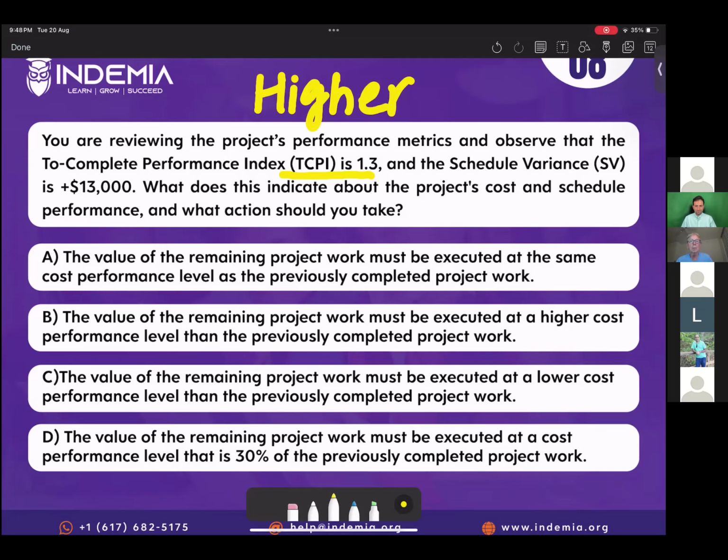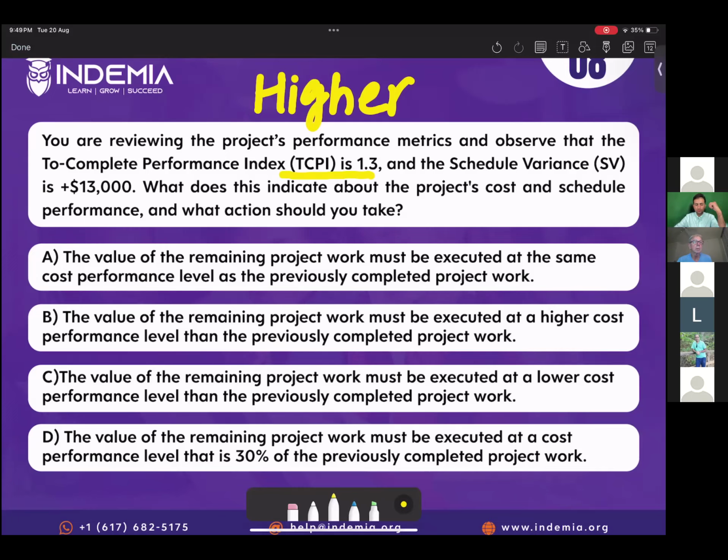All right, thank you. Mohan, you have chosen option C. Yeah, TCPI 1.3, the way I remember it, CPI 1 and above is good, and TCPI above 1 is bad, right? And schedule variance, obviously, plus 13,000 is good as well.